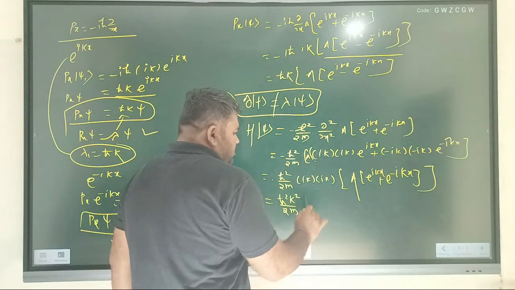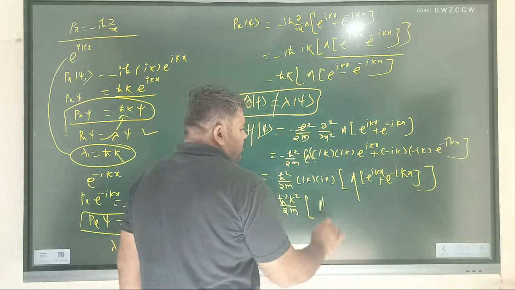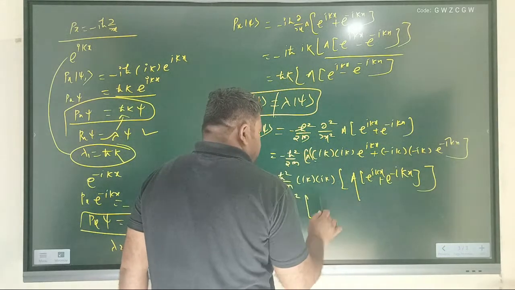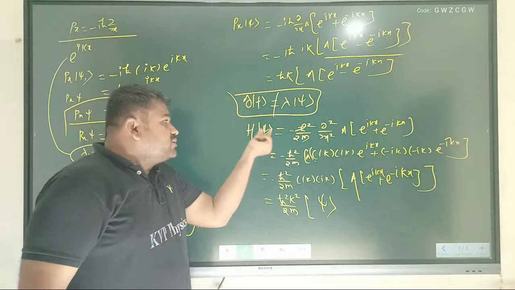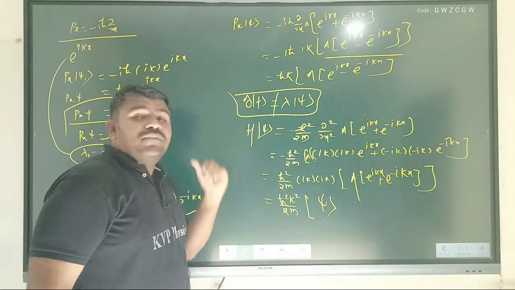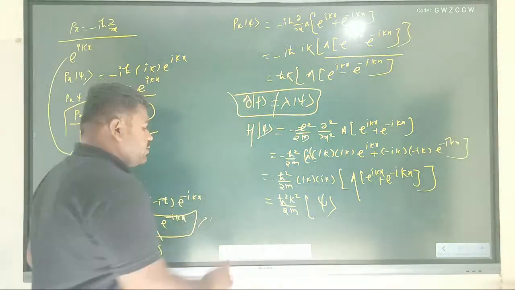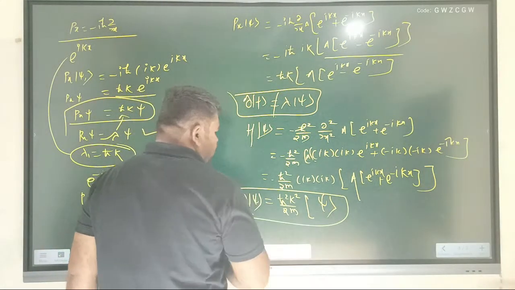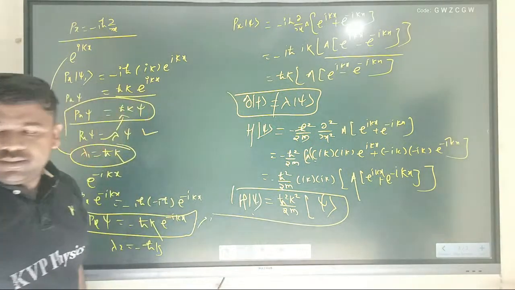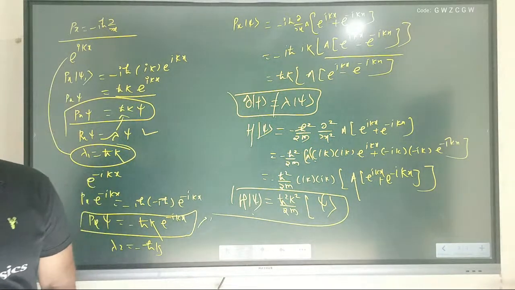What is inside? Inside is a, and this part is nothing but psi. So psi is the eigenfunction of this Hamiltonian operator. What is the measurement? Measurement is simply h cross square k square upon 2m.